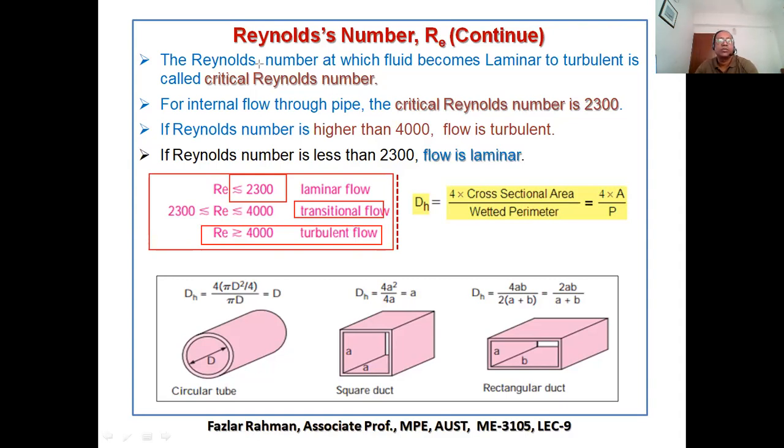For example, if you are burning a mosquito coil, then you might see your coil is burning right over here, smoke coming out a certain distance linearly. Then this smoke gets mixing up. So this much portion of flow is called laminar flow. And some portion is called transition, and this amount is called turbulent flow.